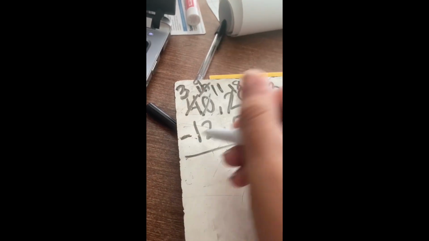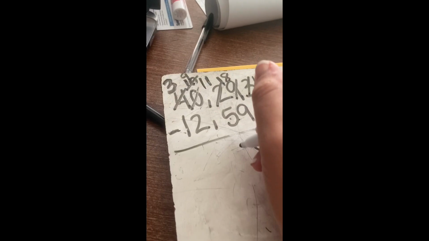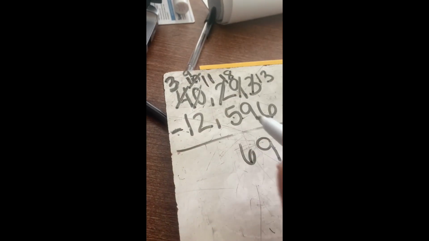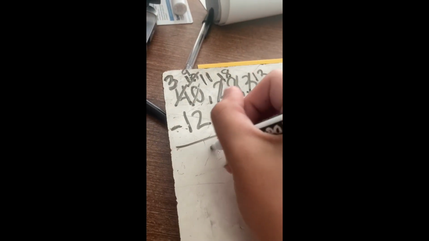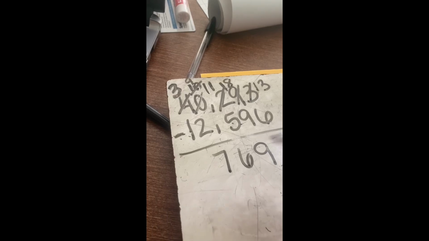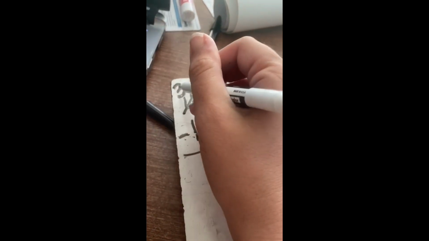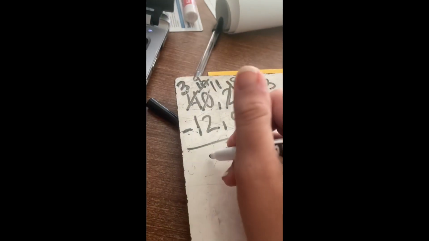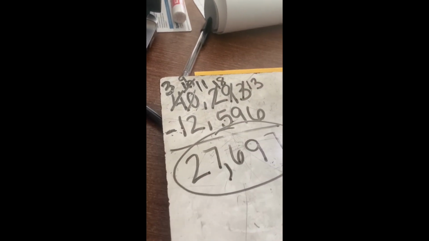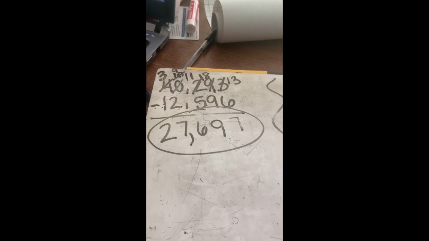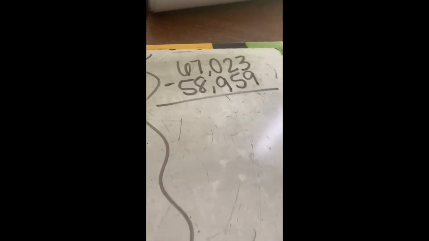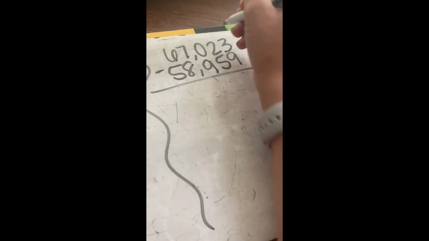It's 11 hundreds minus 5 hundreds, 600. 9,000s minus 2,000s is 7,000s. 3 10,000s minus 1 10,000 is 2 10,000s. So the answer to this problem is 27,697.